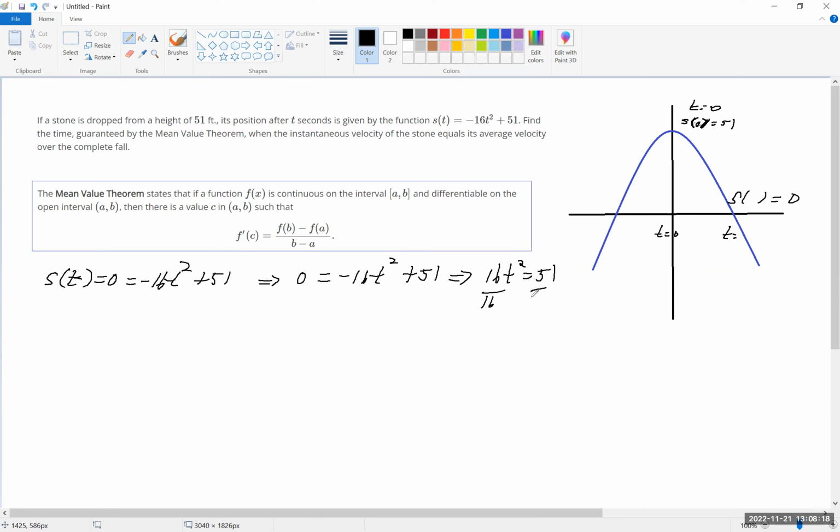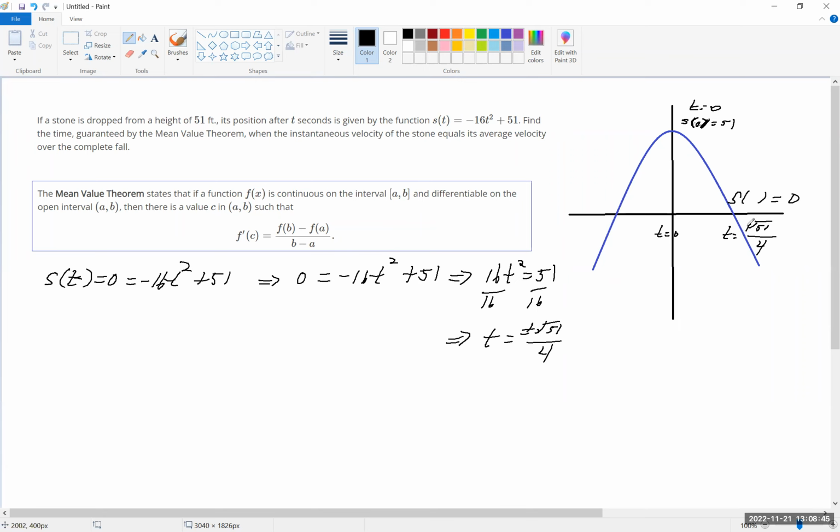Dividing by 16, and finally, we see that t, a little shortcut in the computation, is equal to plus or minus the square root of 51 over 4. So this is the square root of 51 over 4.